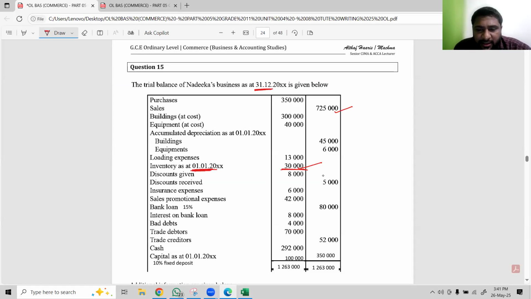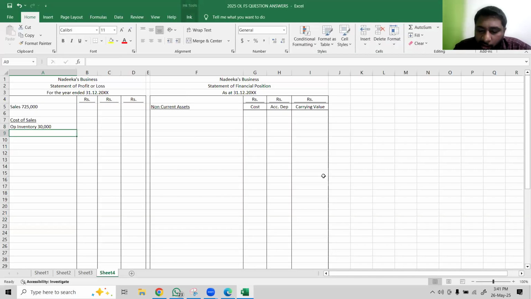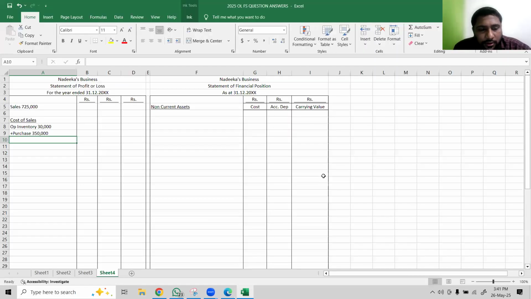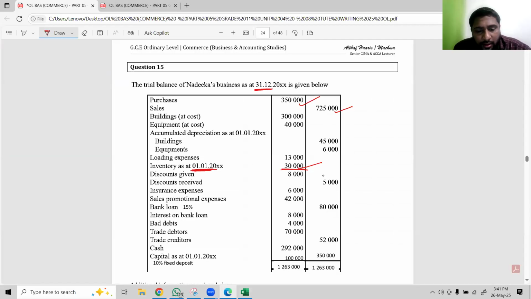Then we have purchases 350,000. So always keep some space to write the closing inventory. Do we have any loading, unloading charges, carriage inward in this question?